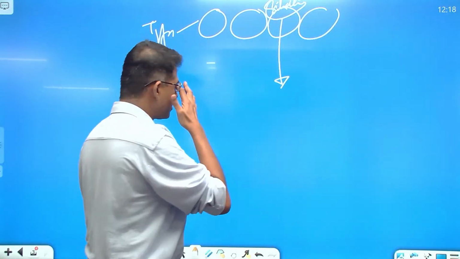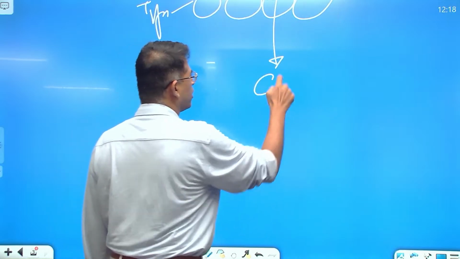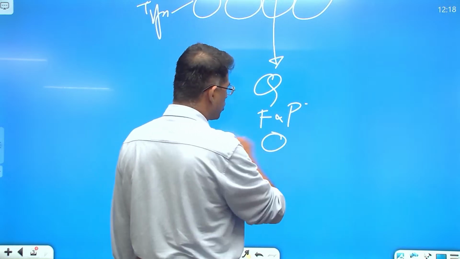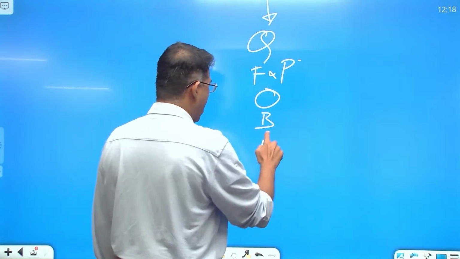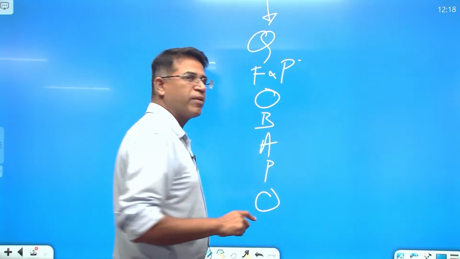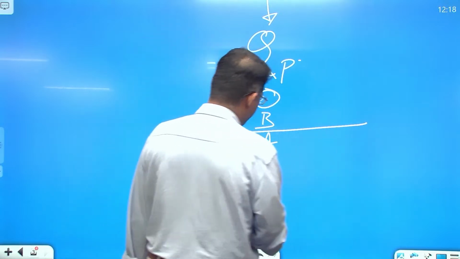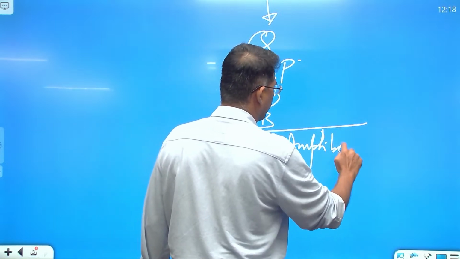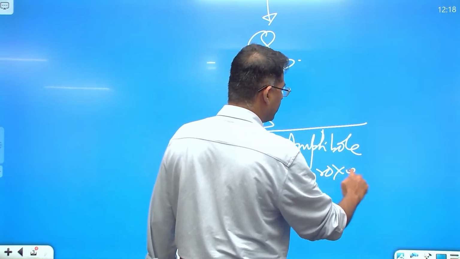In silicates, I said, you remember, again, quartz, feldspar and plagioclase, orthoclase, biotite, amphibole, pyroxene and olivine. IPO नहीं करके हम इसको APO कर रहे थे हम लोग, remember? So amphibole, this is pyroxene.